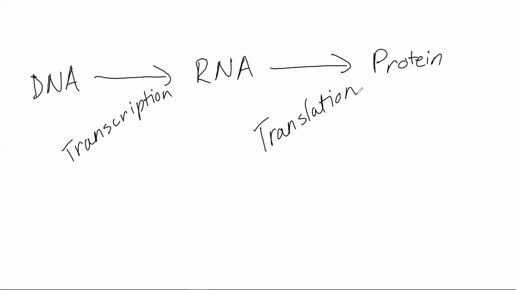So here we go. Transcription and translation. Let's do this in order, right? Let's go from DNA to RNA first. We are going to do transcription first. When talking about transcription, we need to go from DNA to RNA, right? So let's make a DNA strand.